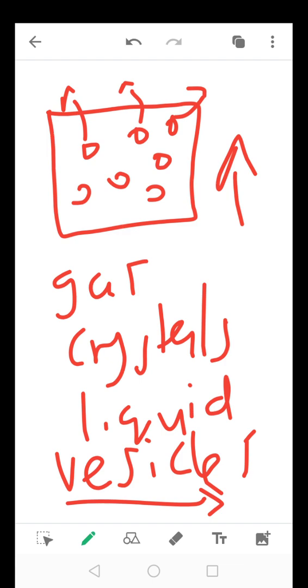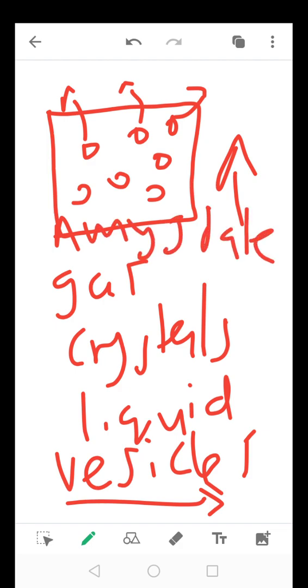If these holes get filled with secondary minerals such as quartz, calcite, and other secondary minerals, then we talk about the rock amygdale, and the texture will be called amygdaloidal.